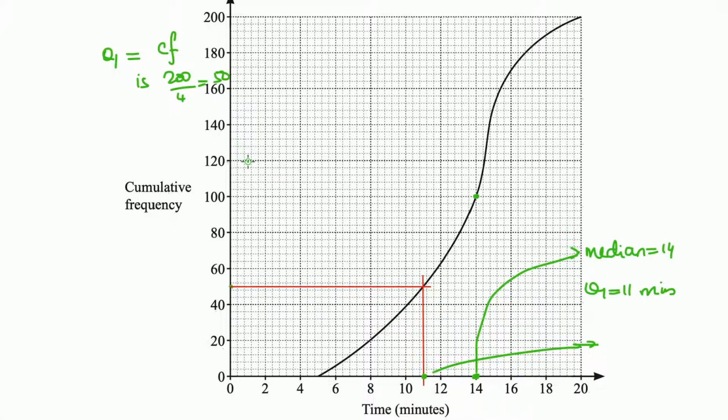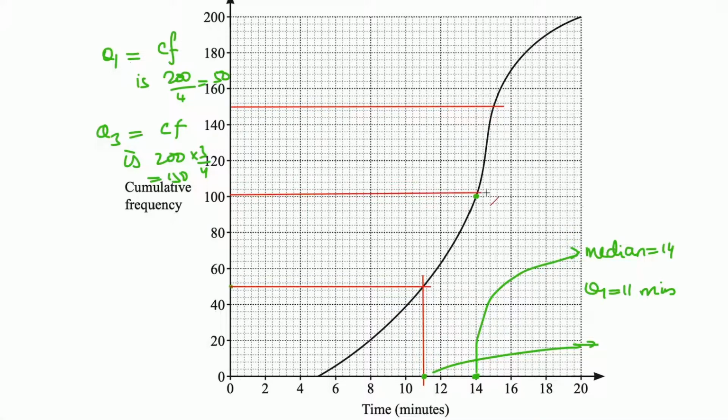And then I want the third, Q3, is when CF is equal to 200 into 3 by 4, which is nothing but 150. So again, I need to draw one more line at 150. So this is the line for median, and for all the three you do the same thing. You start on the y-axis, you touch the curve, and then where the curve touches, you just draw a line from there.